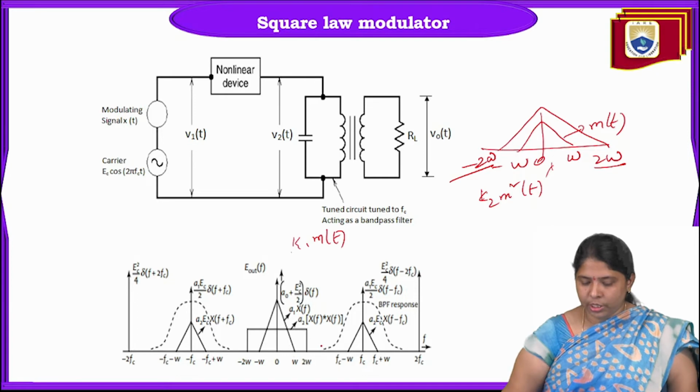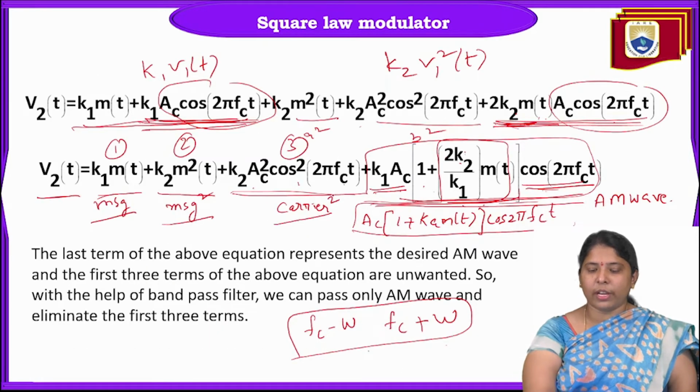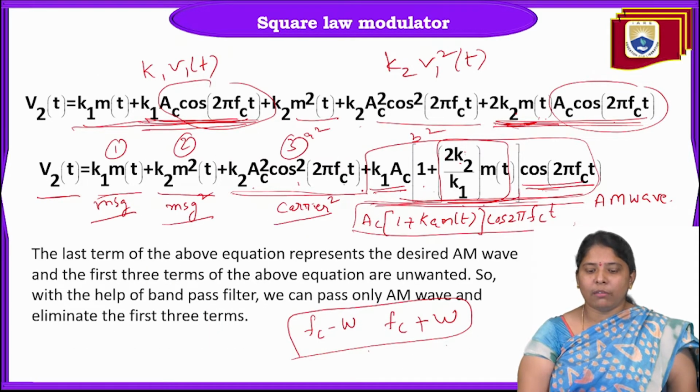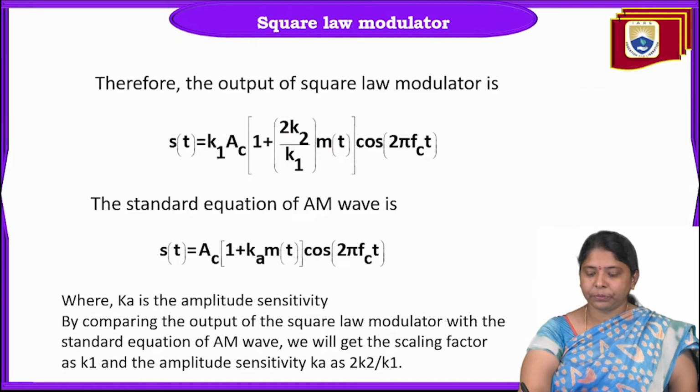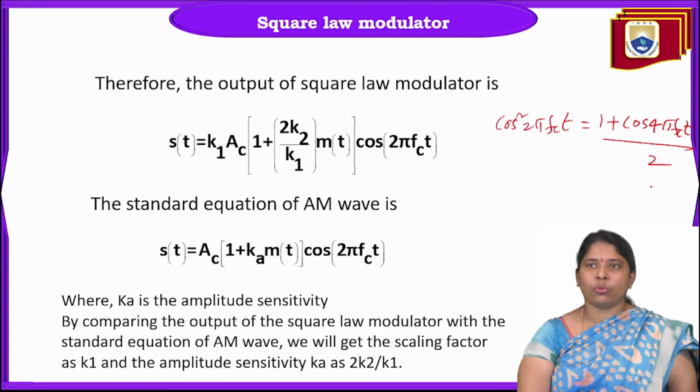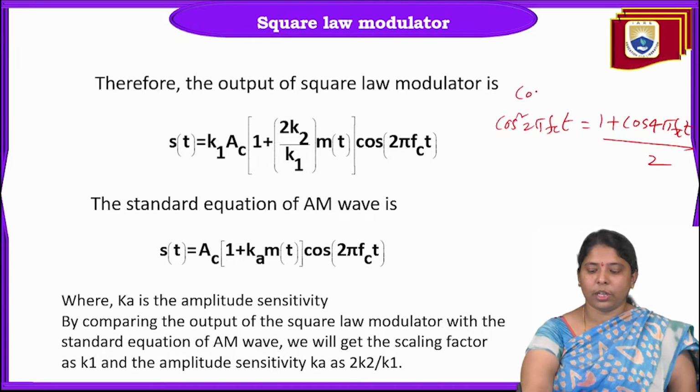And we have one more term, the carrier cos square 2 pi fct. If we convert cos square 2 pi fct, we get 1 plus cos 4 pi fct by 2, using cos square theta equals 1 plus cos 2 theta by 2.